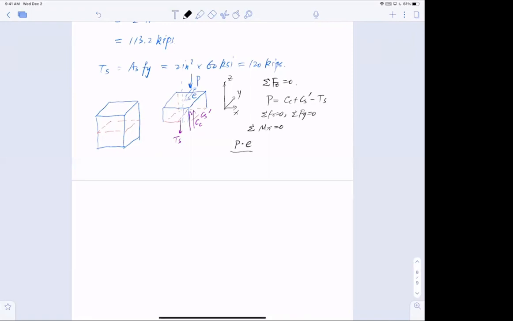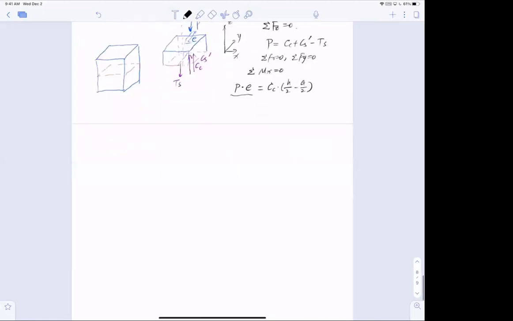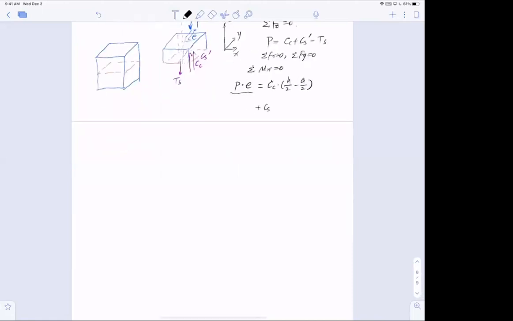On the right-hand side, I use the previous equation: Cc, compression, multiplied by half h minus half a, plus Cs prime, the compression force from the steel, multiplied by half h minus d prime, plus the tension side, d depth minus half h. That is the moment from the right-hand side.